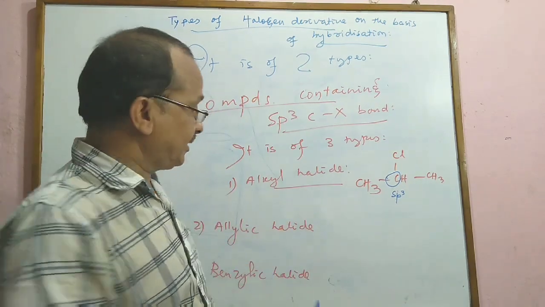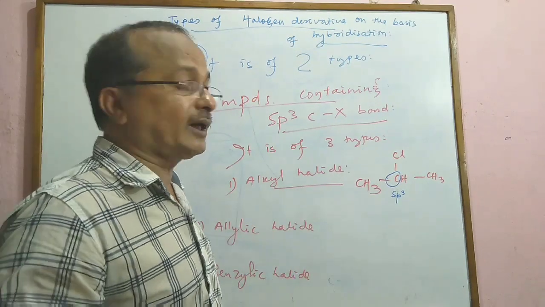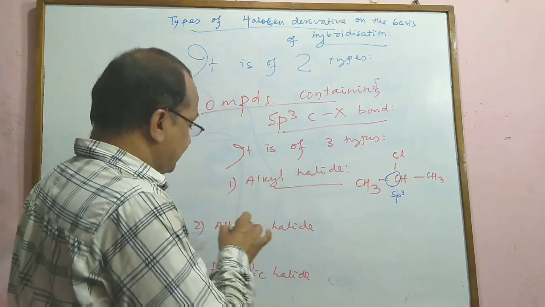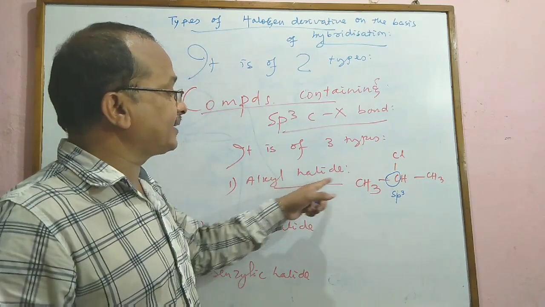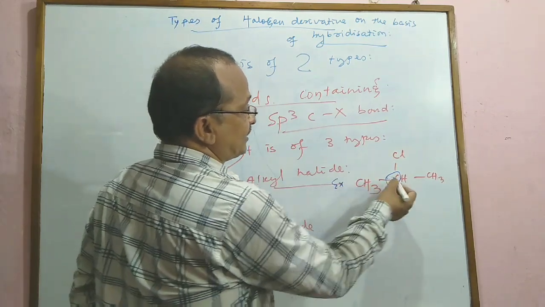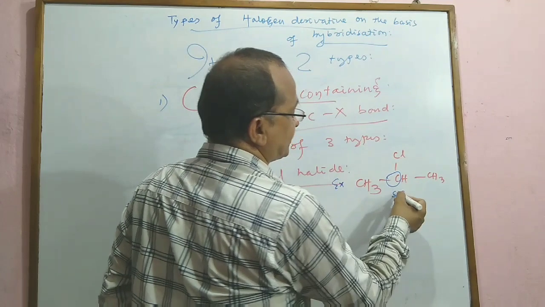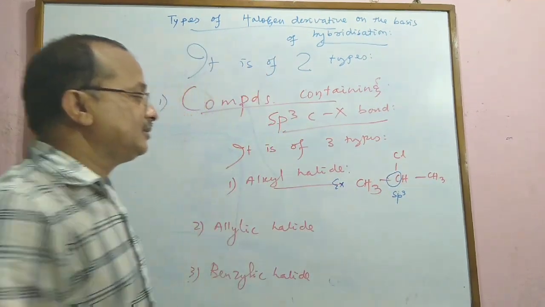One is alkyl halide. Here carbon atom is sp3 hybridized and halogen atom is attached to it. Second is allylic halide. Third is benzylic halide. First we discuss alkyl halide. Here is the example of alkyl halide: CH3, CH2, Cl. This carbon is sp3 hybridized and to which chlorine atom is attached. So this is alkyl halide.